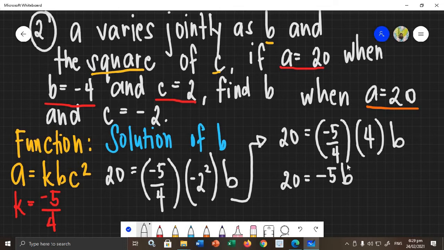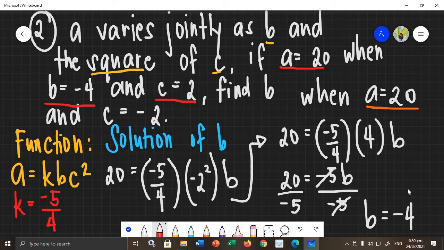Okay, and then b. Para ma-cancel out si negative 5, divide natin both sides by negative 5. So, cancel the value of b, which can be simplified. Okay, divide natin sa 20 kay negative 5, the answer is negative 4. And that will be the value of b.